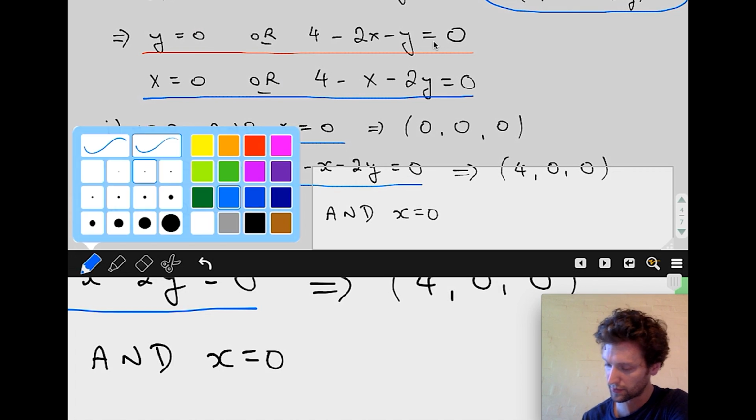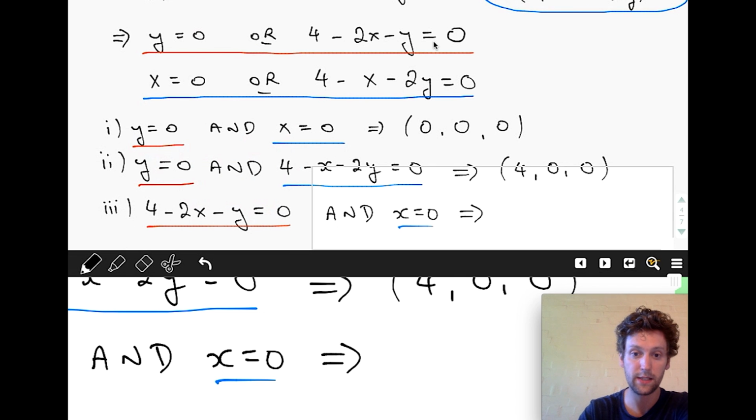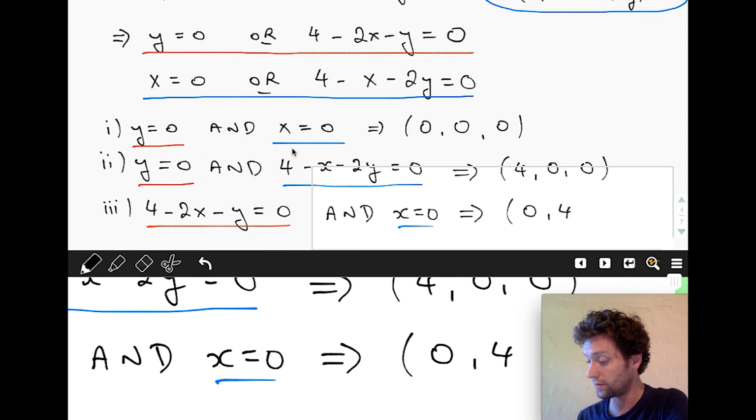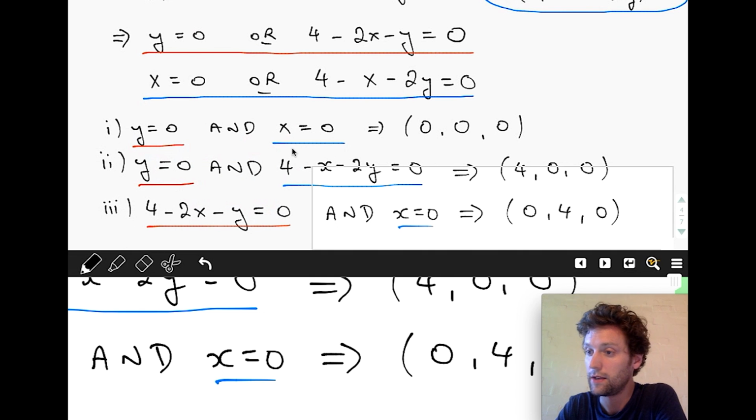Let's underline it to show that that's satisfying the blue equation. I'm solving those two simultaneously, so substituting x is equal to 0 into here gives me 4 minus y is equal to 0, which gives me y is equal to 4. So x equals 0, y is equal to 4, and if I substitute x and y equals to those values into f(x,y), I get 0.